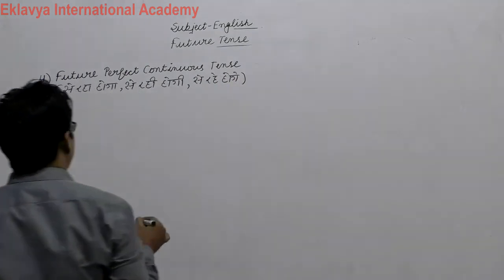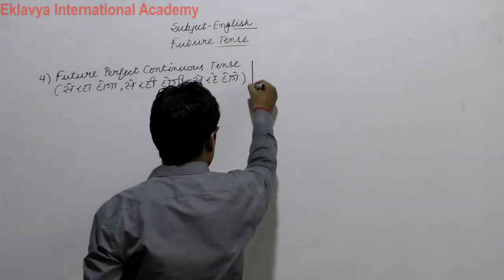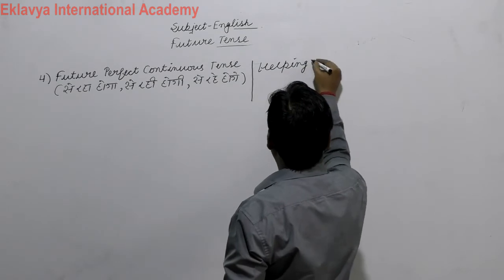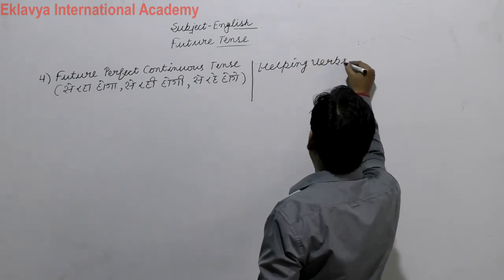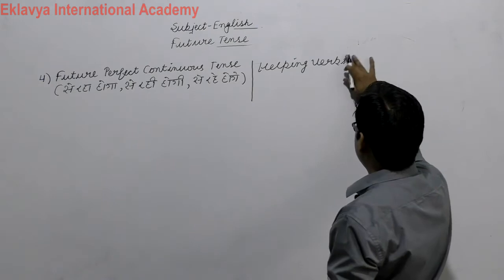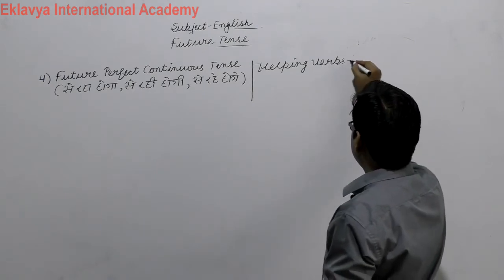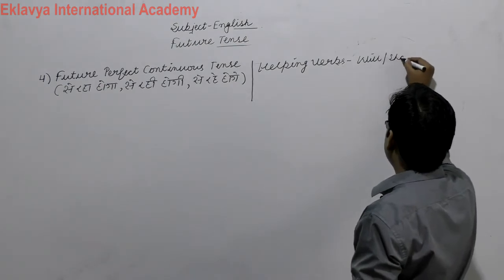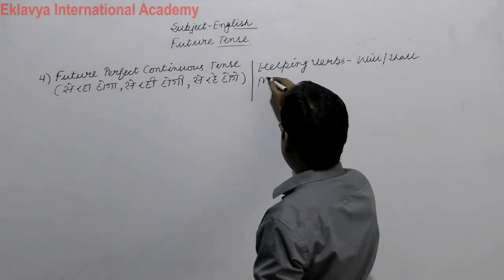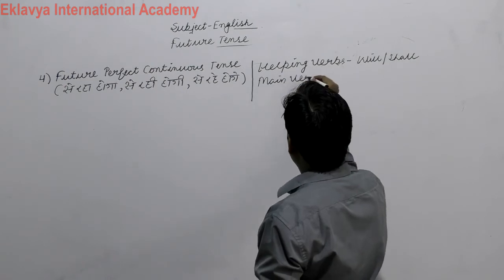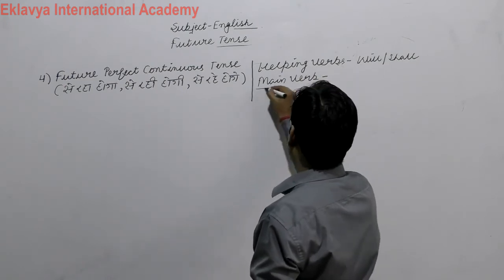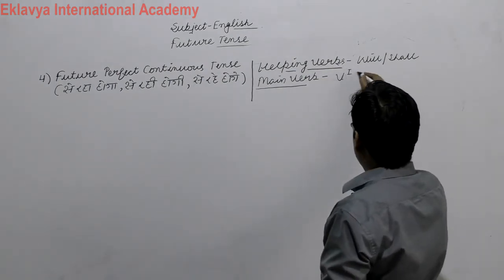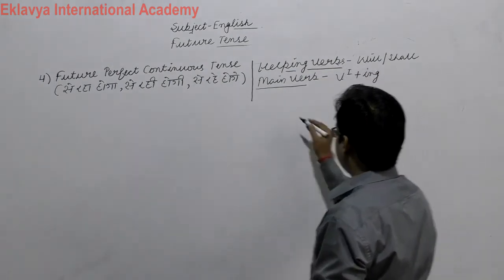Its identification is "से रहा होगा, से रही होगी, से रहे होंगे". Helping verbs are will and shall, and the main verb is first form plus ing.